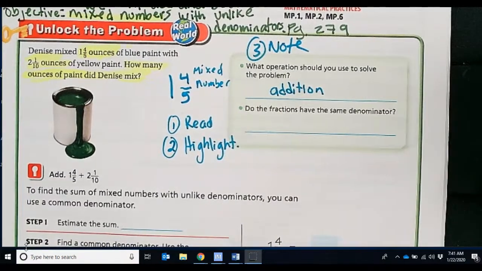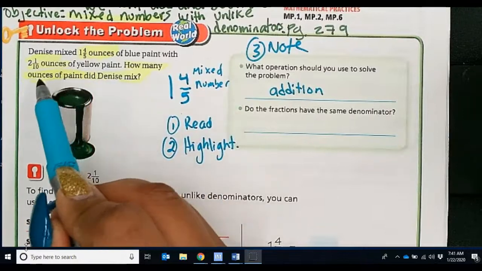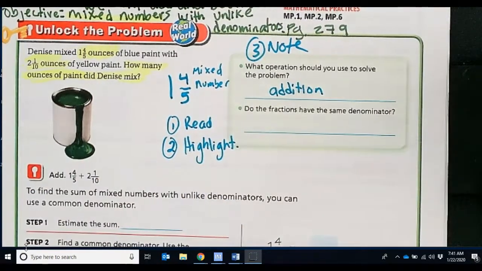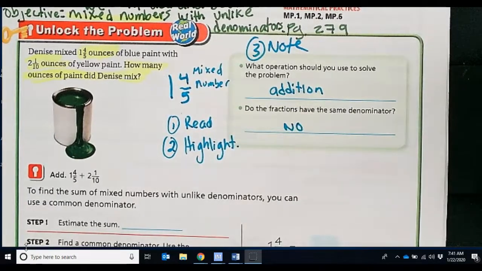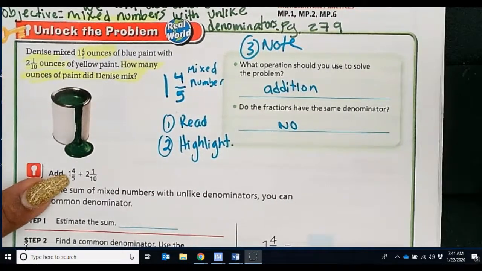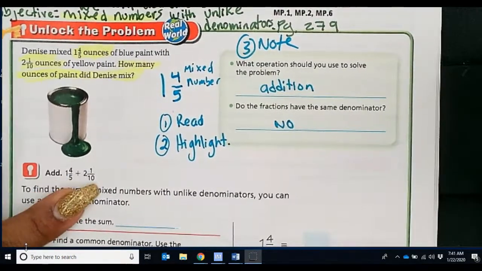Now, do the fractions have the same denominator? So now we're looking at the fractions, 4/5 and 1/10. Do they have the same denominator? If you said no, you are correct. They do not have the same denominator because one has a 5 and one has a 10. So we're going to add 1 4/5 plus 2 1/10.